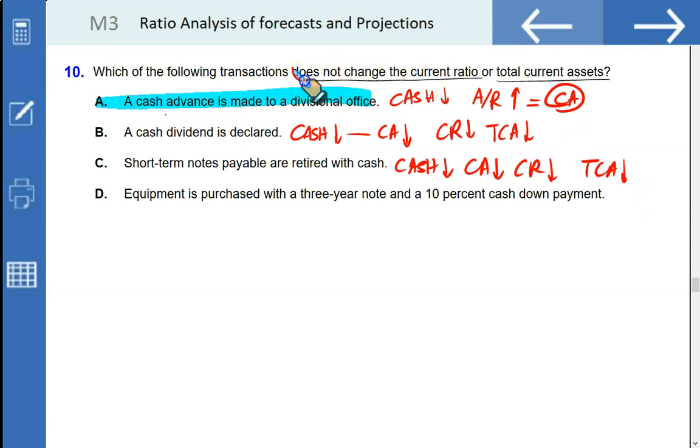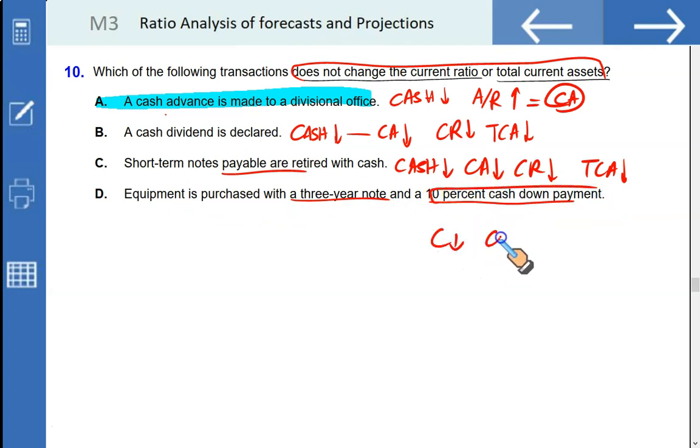We are looking for the one that doesn't change the current ratio or the total current assets. Yes, it will decrease your current liability, but that is not being asked. Equipment is purchased with a 3-year note and a 10% cash down payment. In this part only, cash falls, current assets fall, current ratio falls, total current assets fall. So none of B, C, D is helping us get the right option.